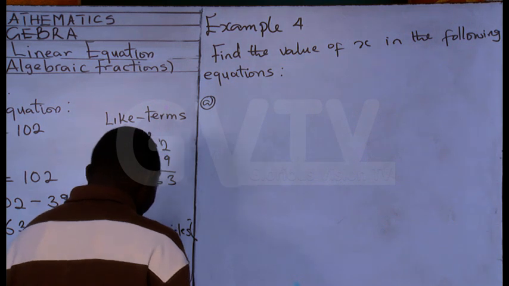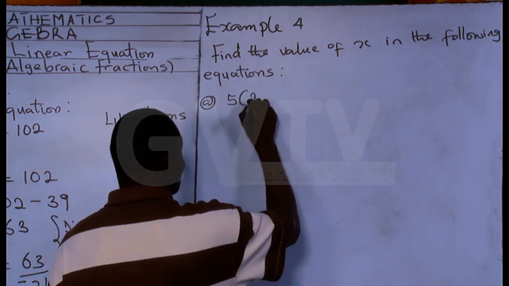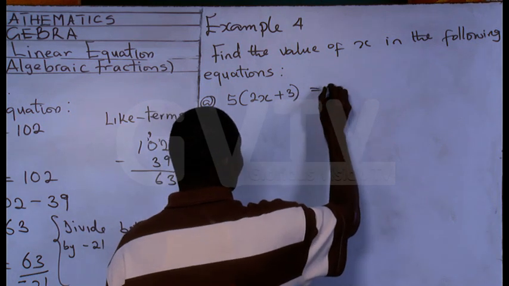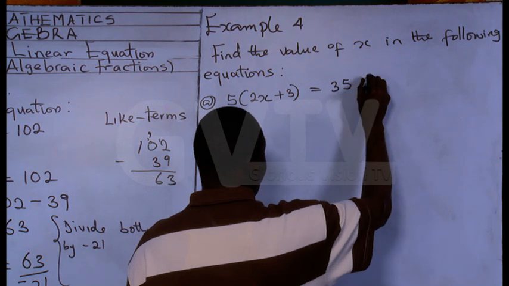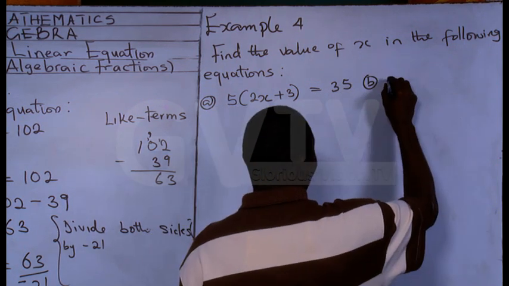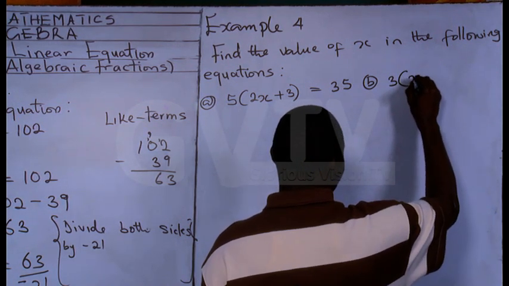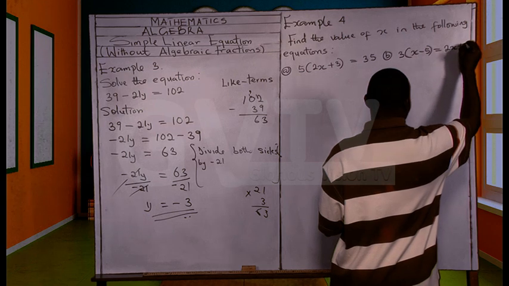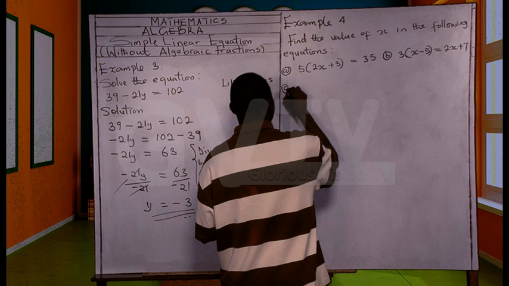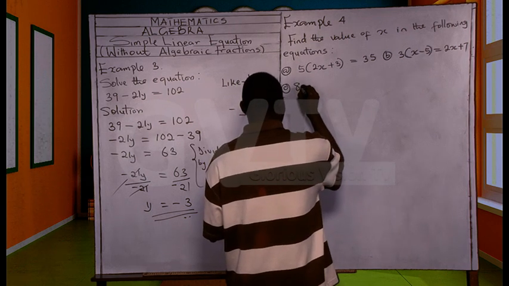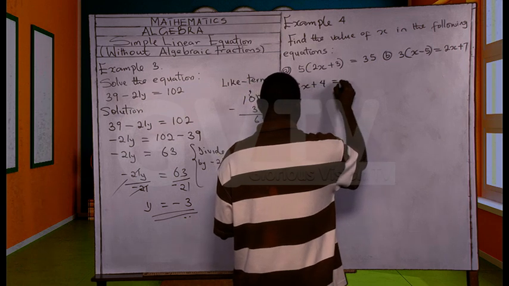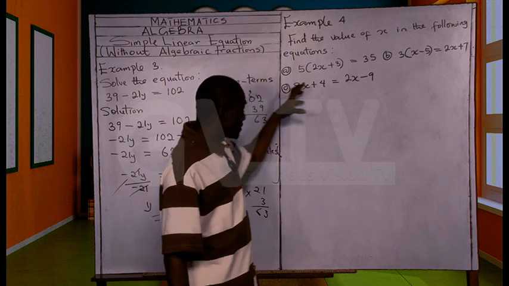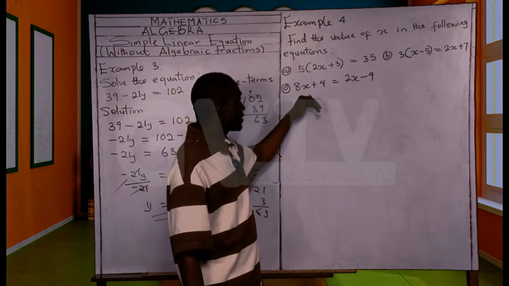A, we have 5 into 2x plus 3 to be equal to 35. B, 3 open bracket x minus 5 equals to 2x plus 7. Okay. C, we have 8x plus 4 equals to 2x minus 9. So these are the equations we are asked to find the value of x from.